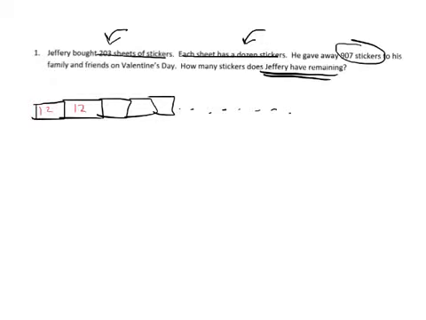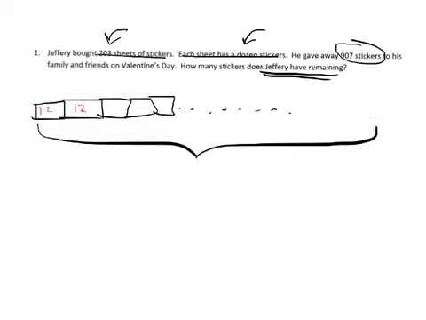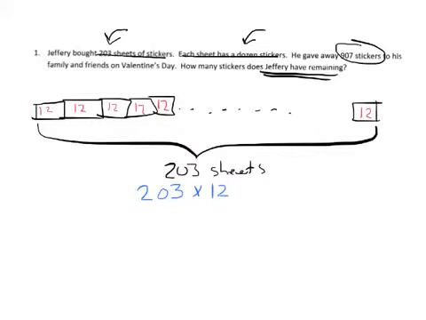And all together, we're going to have 203 sheets. And inside each sheet is going to be a dozen stickers, all the way down to this end, a dozen stickers, all right? And then, once we've figured that out, we know that's 203 times 12. That's pretty straightforward.